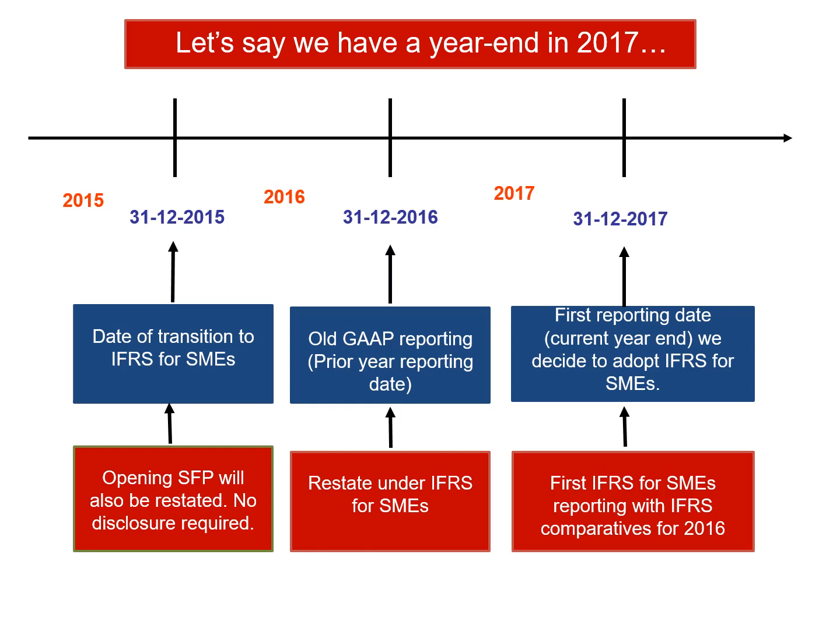That's my date of transition to IFRS for SMEs. Go back to 2016, restate those numbers, and there'll be a cascading impact on the 2017 numbers. The 2017 numbers will then be my first IFRS for SMEs compliant set of financial statements, and I will have 2017 and 2016 numbers that are fully IFRS for SMEs compliant.